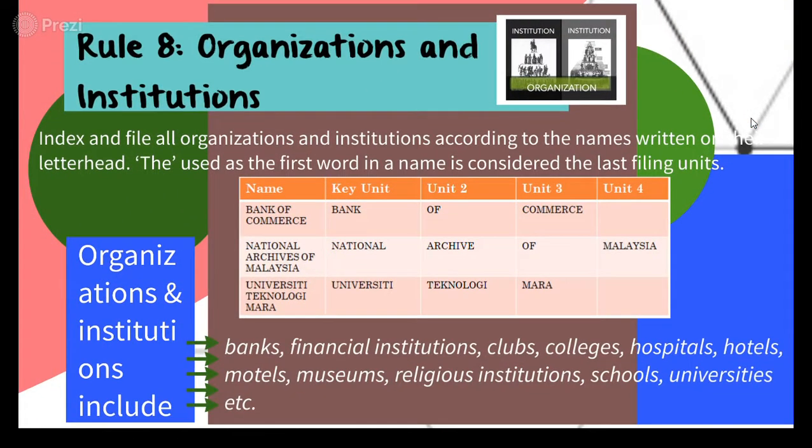Rule number 8, organizations and institutions. Index and file all organizations and institutions according to the names written or from the letterhead. The, used as the first word in a name, is considered the last filing unit.